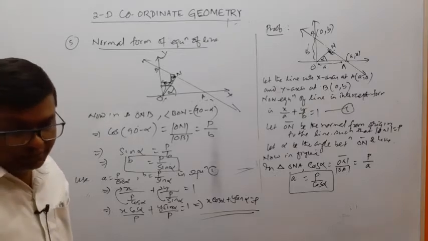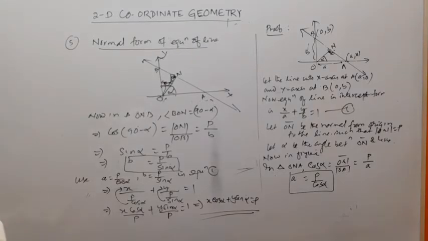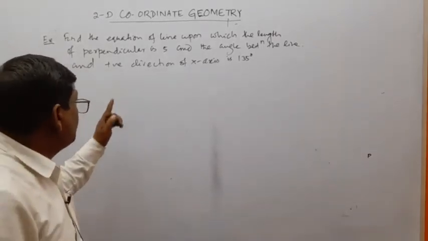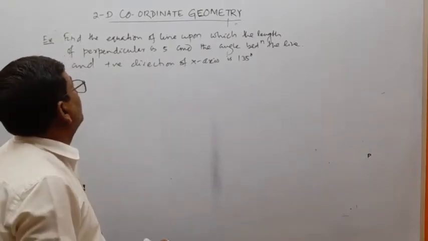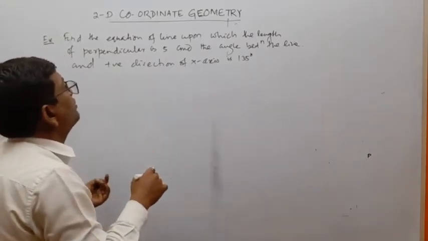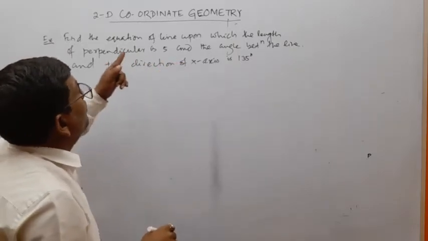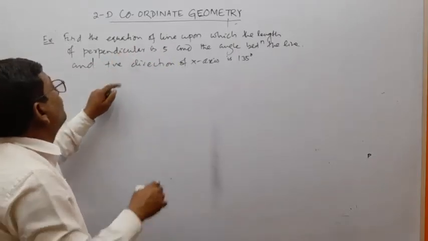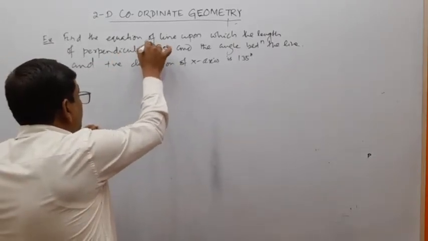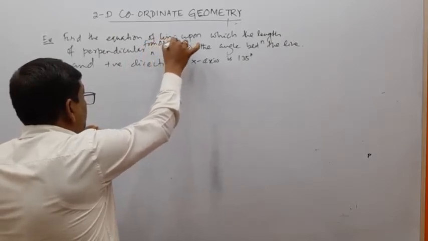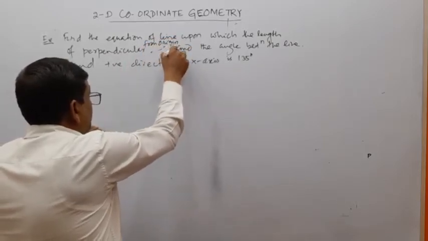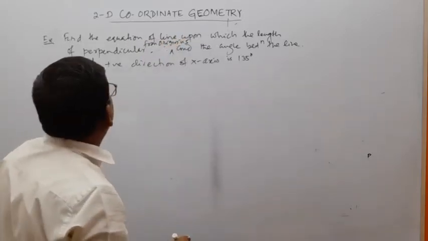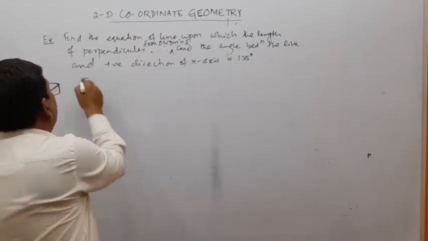Now, the parametric equation of line. One question: find the equation of the line for which the length of the perpendicular from the origin is 5 and the angle between the line and the positive direction of the axis is 135 degrees.